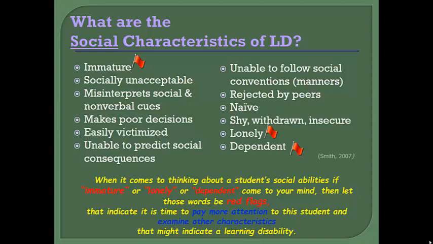When it comes to thinking about a student's social abilities, if immature or lonely or dependent come to your mind, let those words be red flags that indicate it is time to pay more attention to this student and examine other characteristics that might indicate a learning disability.